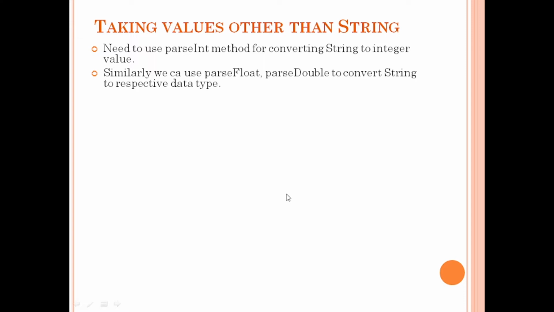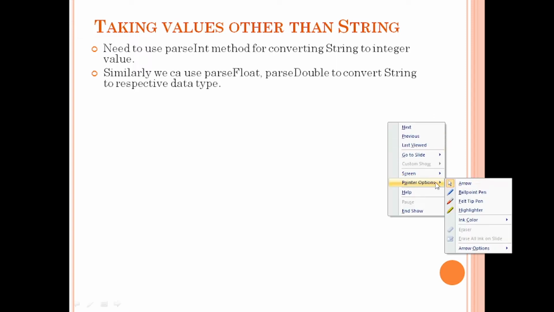Now, as values entered by user are taken as a string in Java, if we want to enter any other values, we need to convert that. For example, if you want to enter integer value, then we need to convert the values to integer using the Integer class.